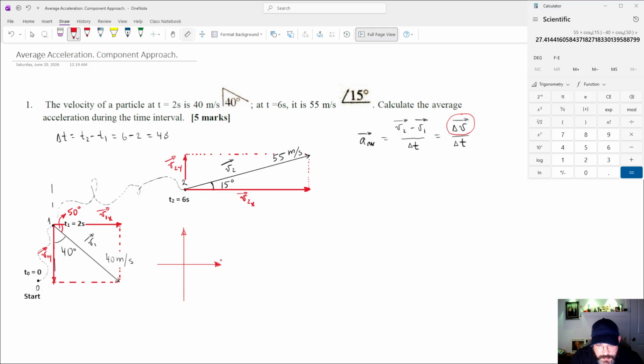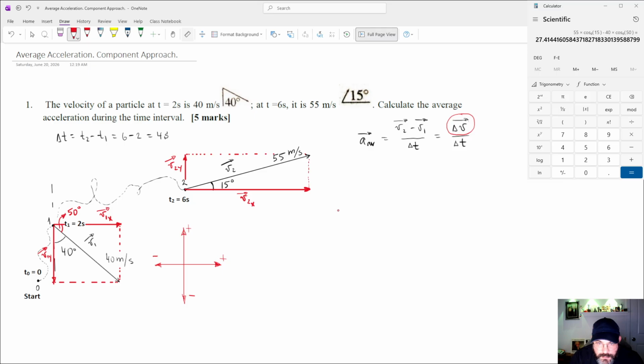If our vectors are pointing to the right, they will go with plus. If our vectors are pointing up, they will go with plus. If they point to the left, they will go with minus, and if they point down, they will go with minus as well. Okay, so this is good.